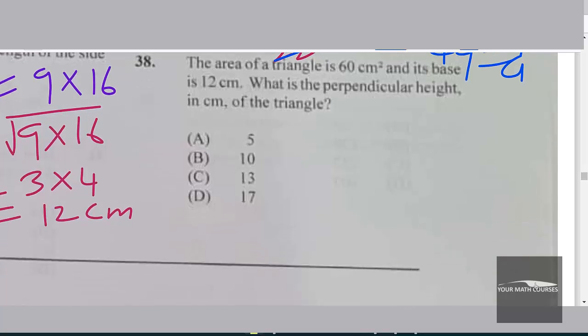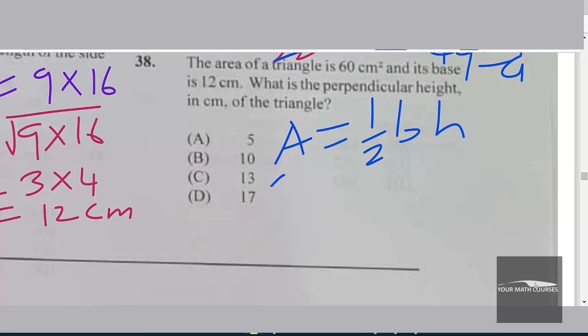The area of a triangle is 60 centimeters squared and its base is 12 centimeters. What is the perpendicular height in centimeters of the triangle? So the area of a triangle is half base times perpendicular height.